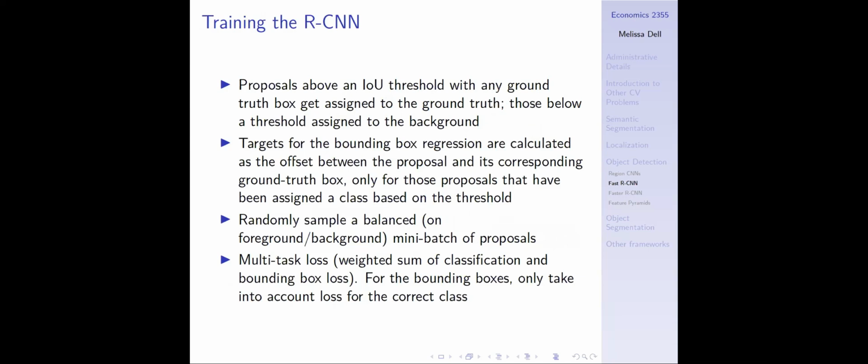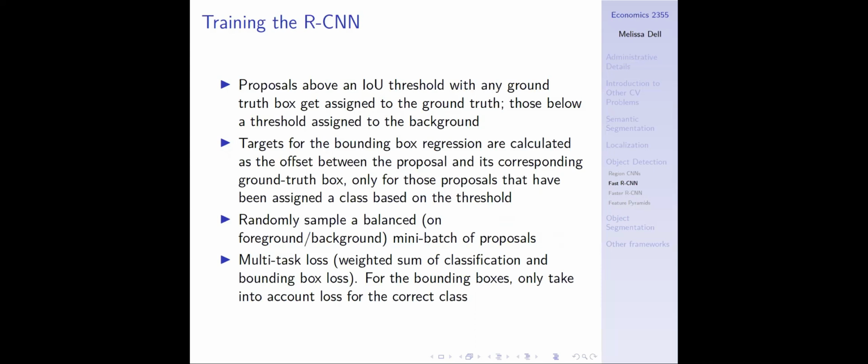And so in terms of how you train this in practice, you take proposals that have a certain intersection with the ground truth, and those are proposals that have an object, and those that are below some threshold intersection with the ground truth are classified as background. Then you're just going to take these proposals and sample a mini batch from them.